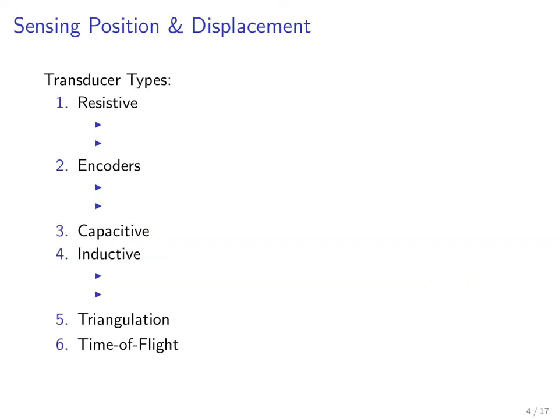We're going to look at a number of different transducer types. We'll first start out today by talking about resistive transducer types. So these will be linear transducers and rotary transducers. These are essentially different types of potentiometers, different configurations of potentiometers. And then we'll also talk about strain gauges.